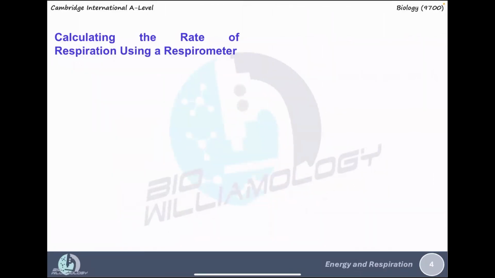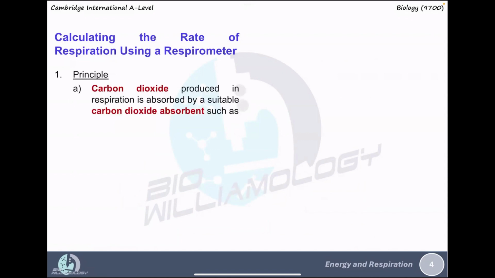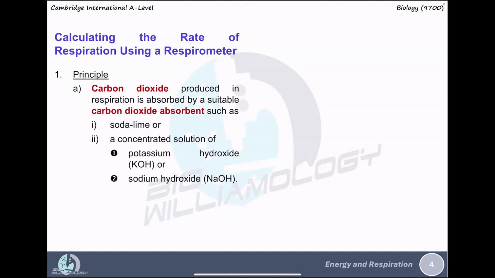So how can we calculate the rate of respiration by using a respirometer? The principle here is that any organism inside this respirometer, when they carry out respiration, they take in O2 and release CO2. However, this CO2 produced in respiration is absorbed by carbon dioxide absorbent, for example, soda lime, or concentrated solution of KOH, as well as NaOH.